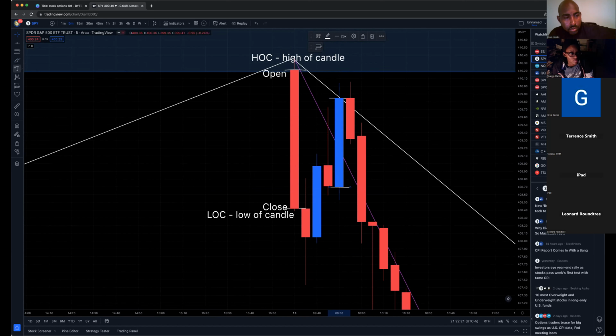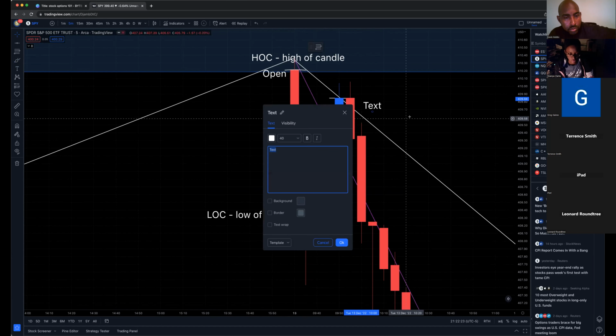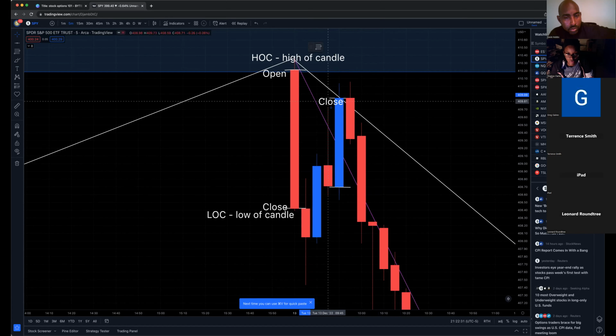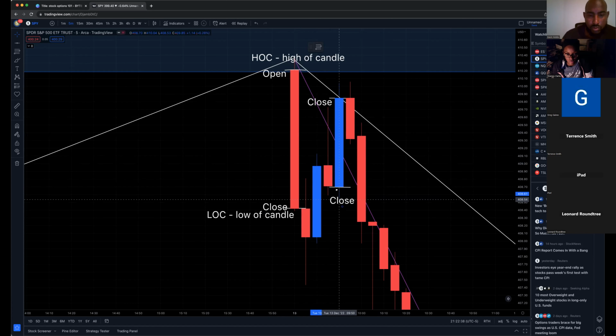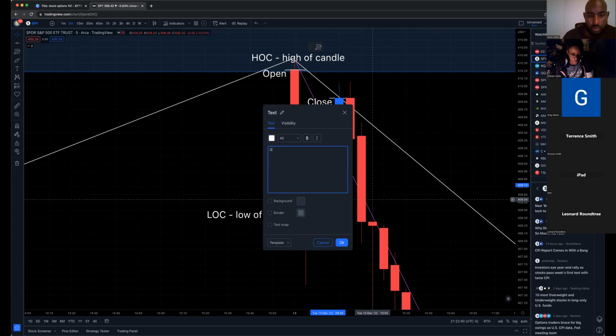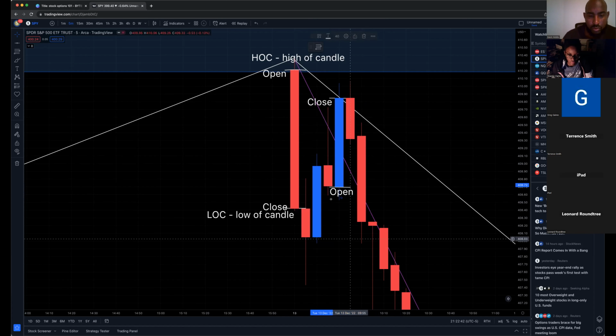All right, so same here. This is the close of the candle. This is where the price actually closed for this big blue candle here. Oh, yeah, it's not going to show. And this is where price, I'm just going to put it right underneath, this is where price opened for blue candles.